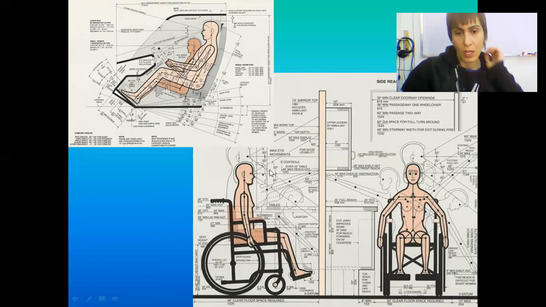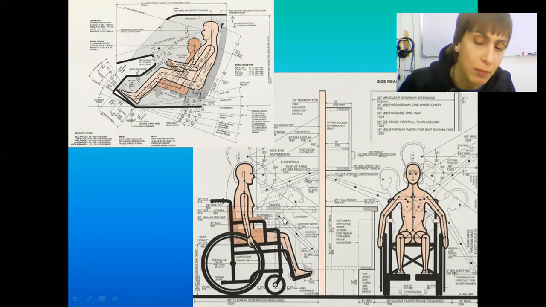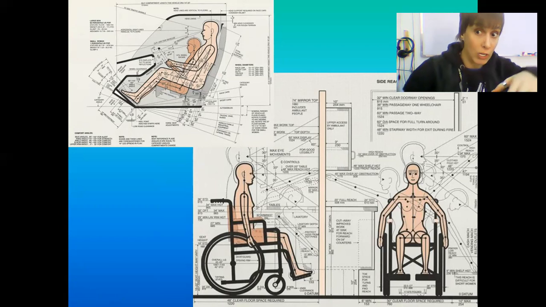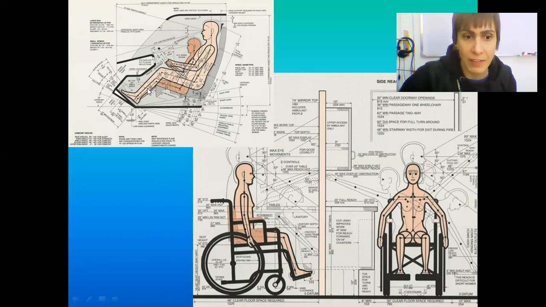So what about if a person is in a wheelchair? The reach will be different than if you don't have the handicap. If you're walking on your legs, it's different than if you're stuck in a wheelchair. Here, you're stuck inside a chair, inside a car. You cannot stand up and move around the way you like.